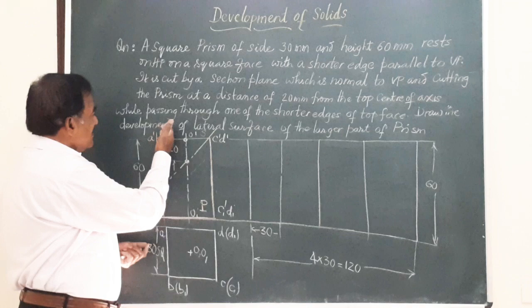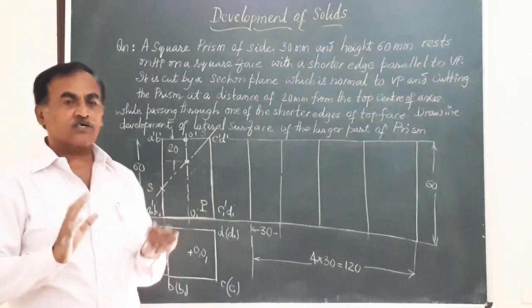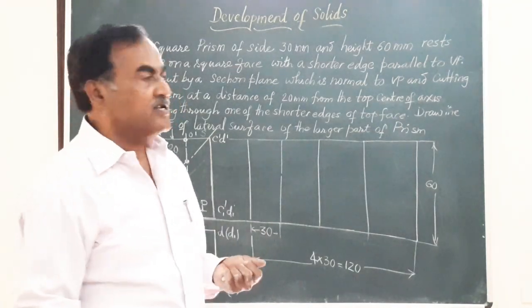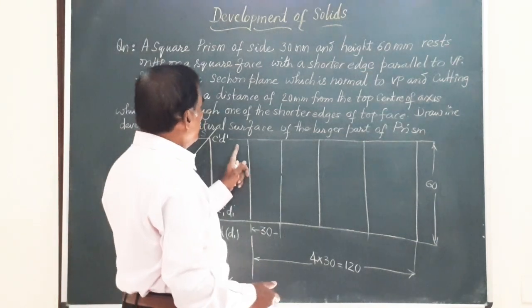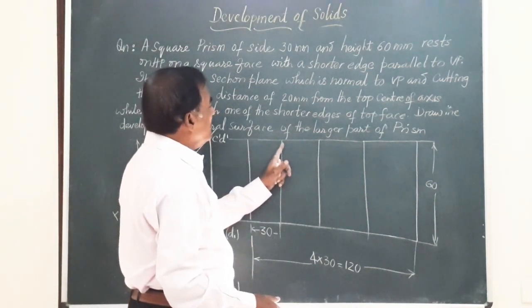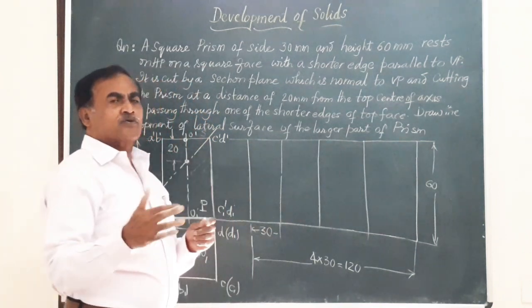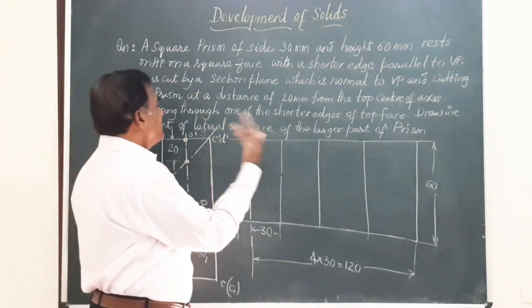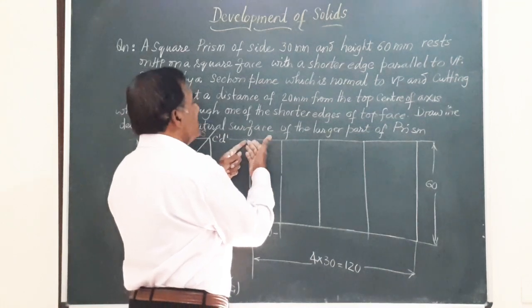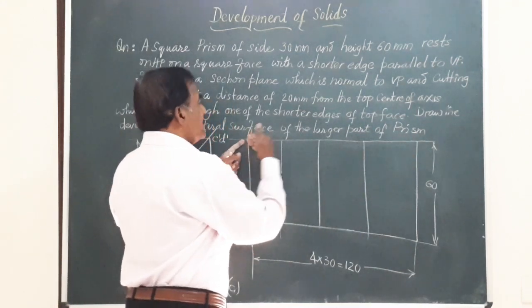So since none of the longer edges are totally removed by the section plane, you can start the development marking as A, B, C, D, or B, C, D, or you have the choice to start from any point of your choice. You can start from D also. D end with D, B end with B.